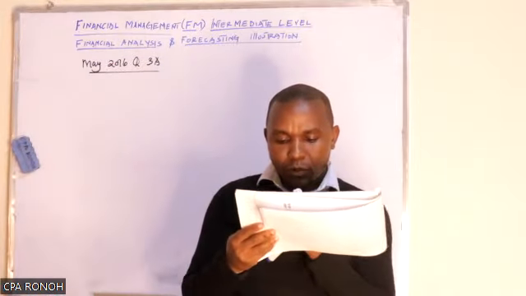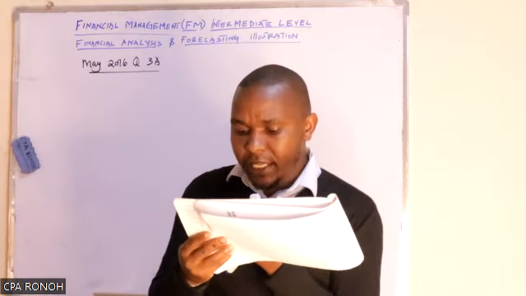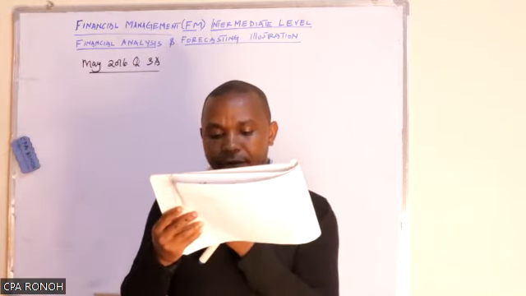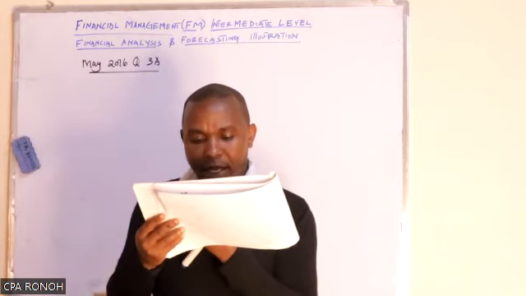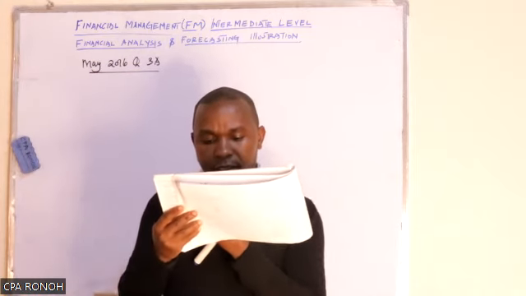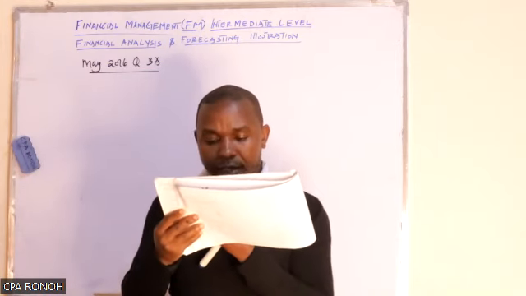The following data was extracted from the financial statement of Deribuni Limited for the year ended 31st December 2015. We have the cash and cash equivalent, the fixed assets, the sales (credit) 2,000, that is 2 million. So remember the values are in millions.